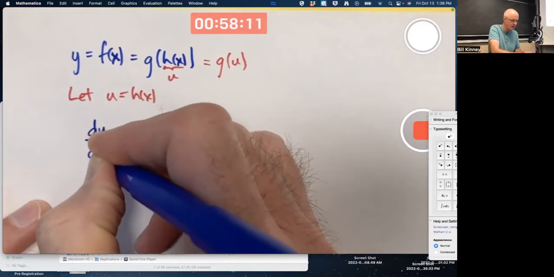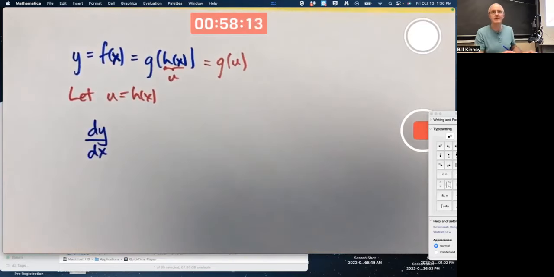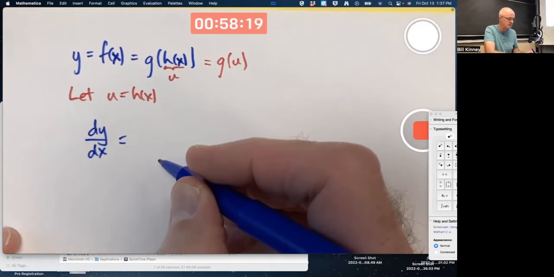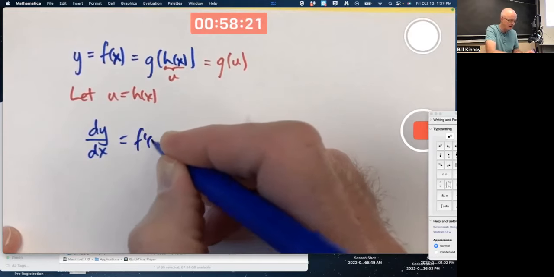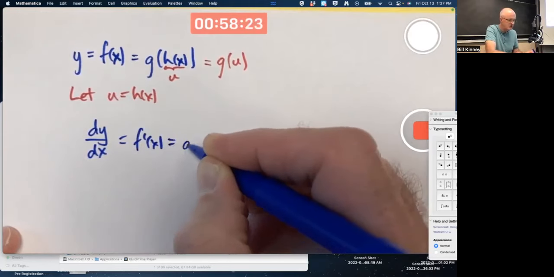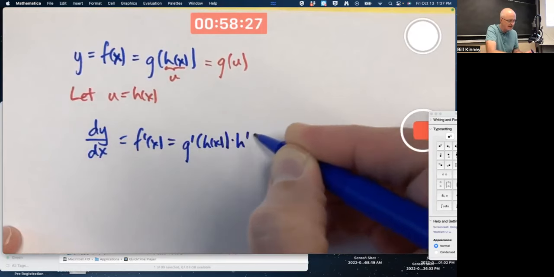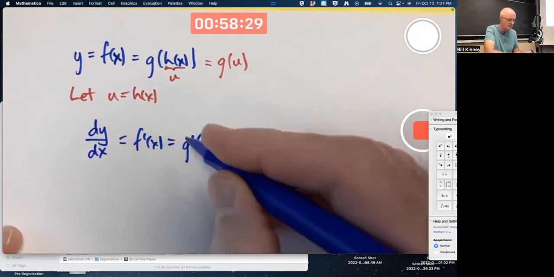We're after dy dx, the derivative of y with respect to x. By the chain rule, that's f prime of x, which is g prime of h of x times h prime of x. That's what we already know by the chain rule.